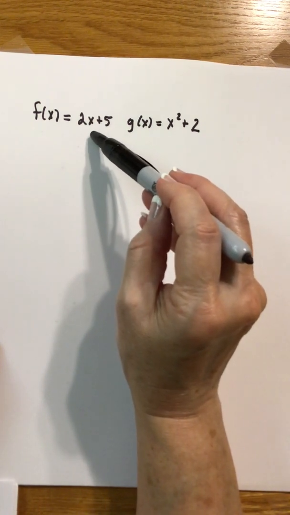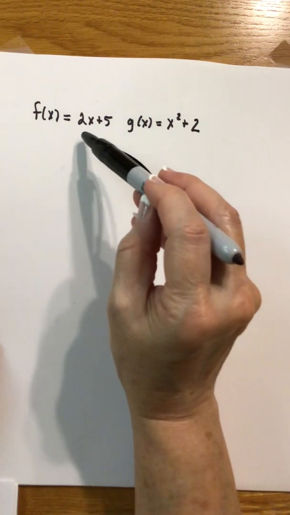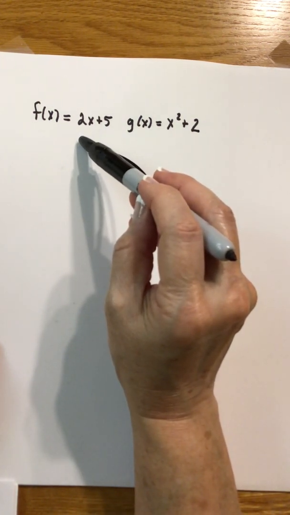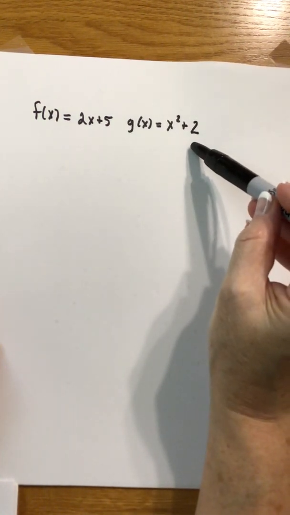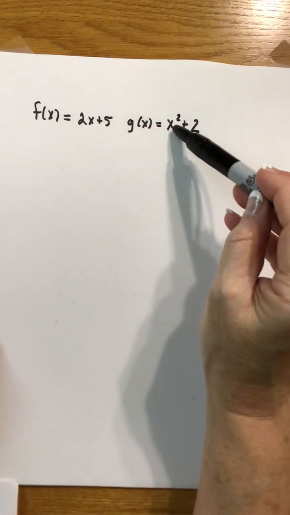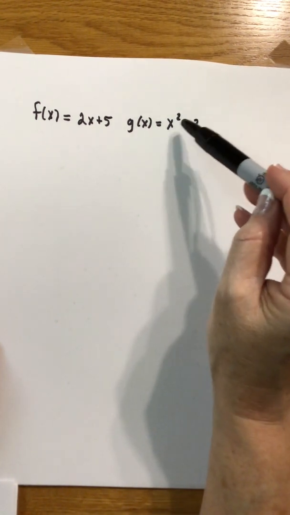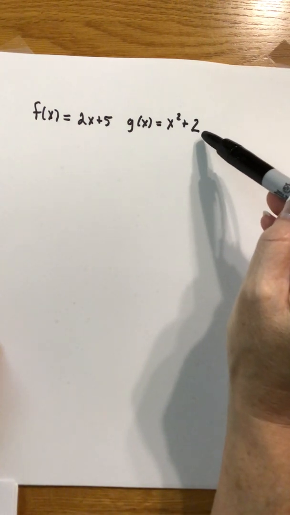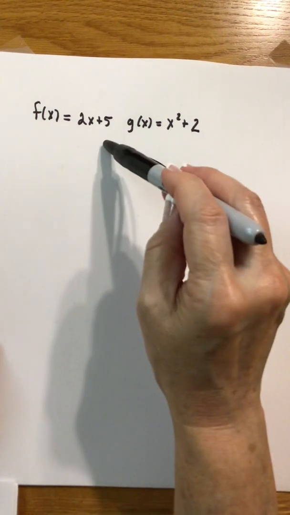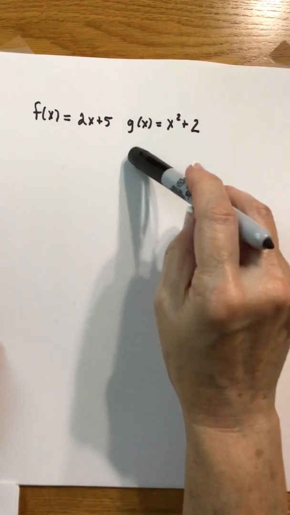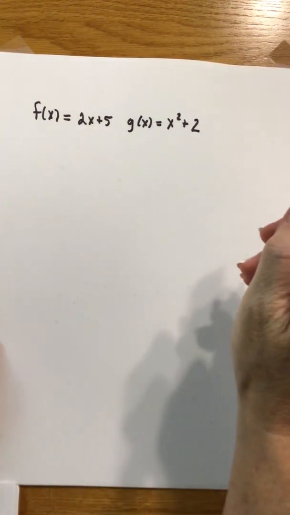So in this case, it's x to the first, so we know it's going to go up 5 for the b, the y-intercept, and then rise 2 and run 1 for the slope. Y equals mx plus b. This one over here is a quadratic. We know it's a quadratic because it has a squared term. We also know that this is the basic parabola, but this plus 2 moves it up 2. So this one's going to be a parabola and this one's going to be a line. But that's not exactly what we're looking for here. I just want to bring that in for prior knowledge.